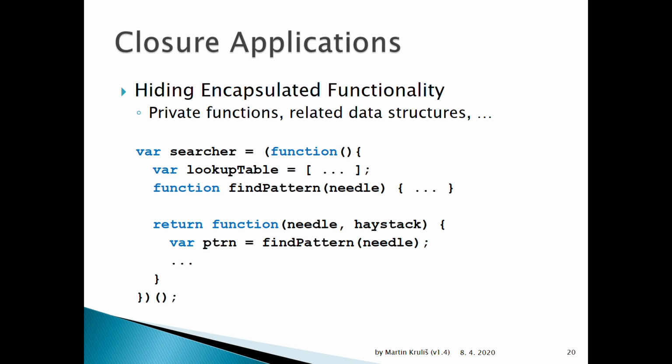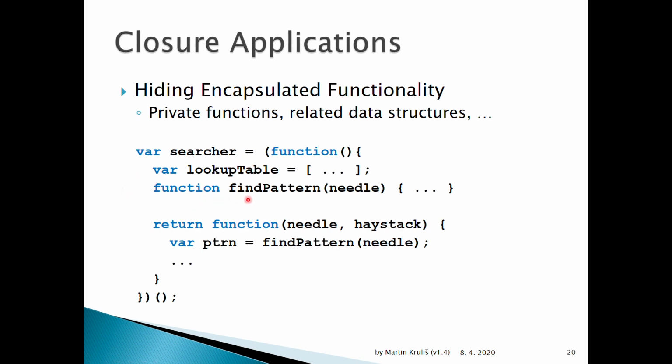Another application of closure is to, let's say, hide private functions or some private functionalities that need to be kept out of harm's way. Again, we are in JavaScript, so maybe there are better ways to deal with this, I mean, setting up some conventions, but if you really need to hide some stuff from the programmer, then you can use closures. In this case, we are using a nameless function to create a closure.